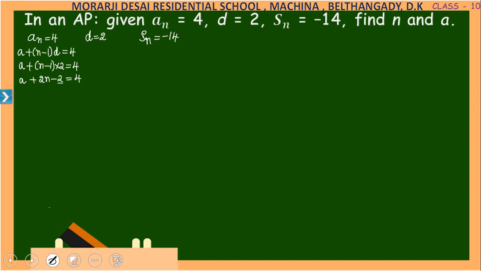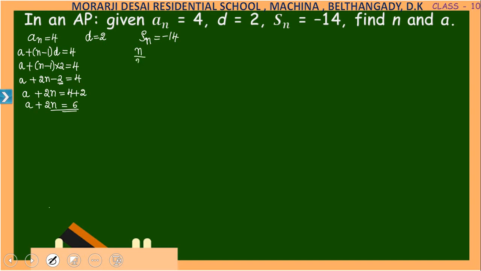Here minus 2, if I take to RHS, I can add that to 4. So a plus 2n is equal to 4 plus 2. So a plus 2n is equal to 6. We got an equation. Here we don't have the value of variable a and variable n, so keep as it is. Solve this, Sn is equal to minus 14.